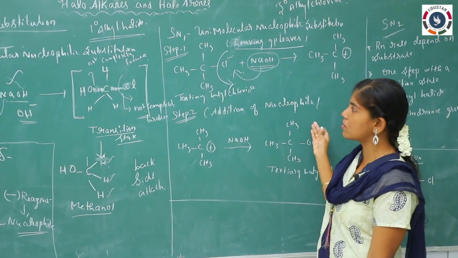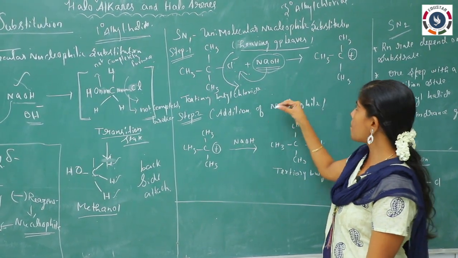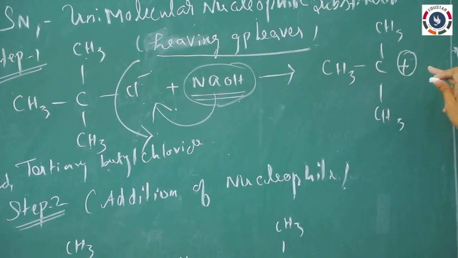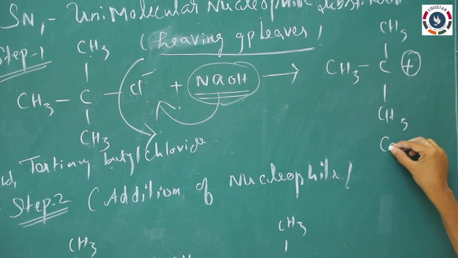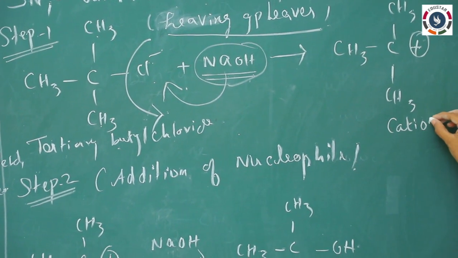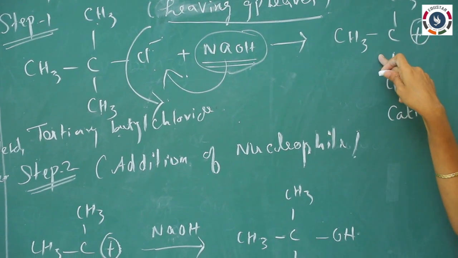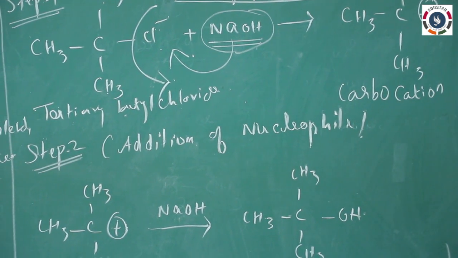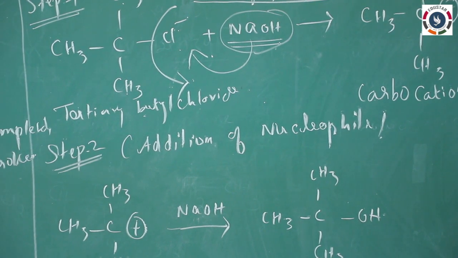After this, there will be a positive charge produced at the carbon atom. What we call a positive charge is a cation, right? Since it is present over the carbon, we can call it a carbocation. Okay, what is it? Carbocation.